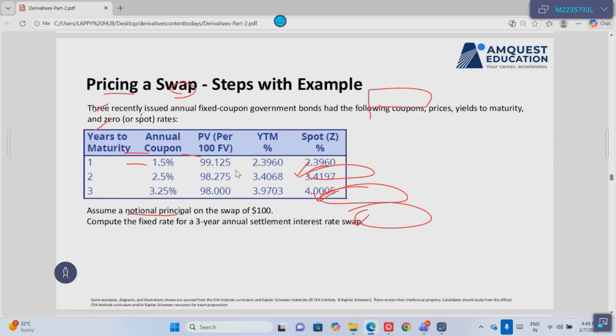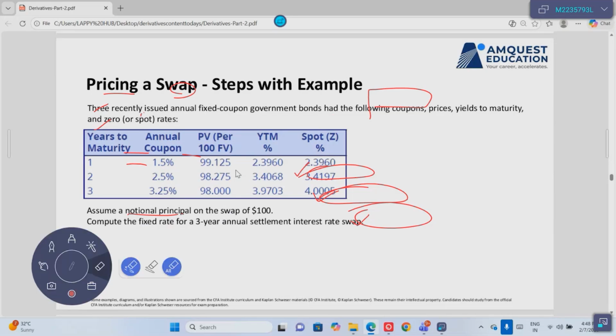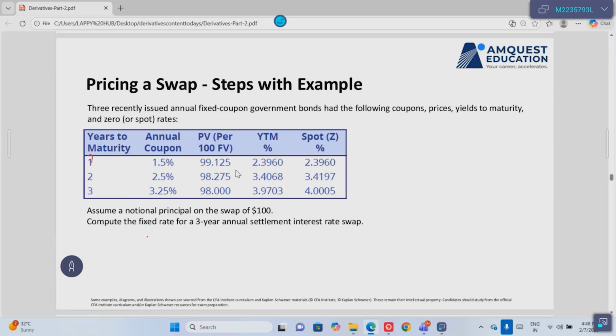Now, if you want to price a swap, what would be a broad formula? Now look here. Let's say I have 3 instruments. The coupon rate is so much every year. Present value is so much, YTM and spot. Now I have different rules based on that.